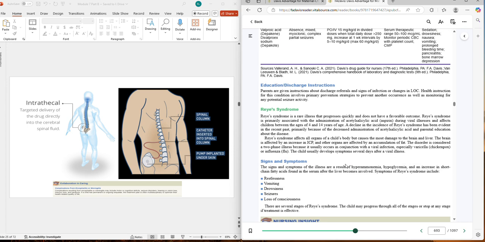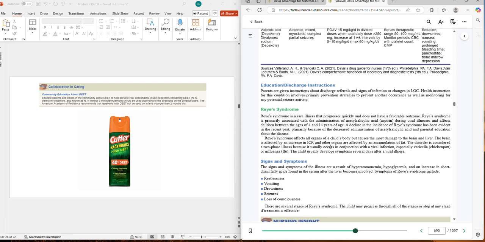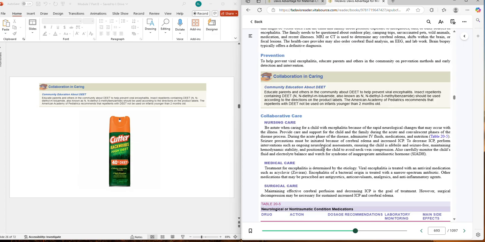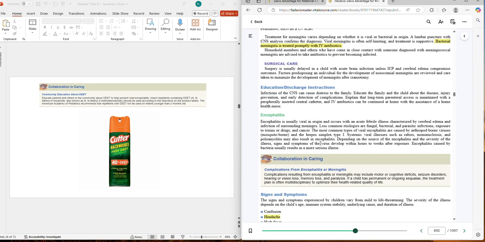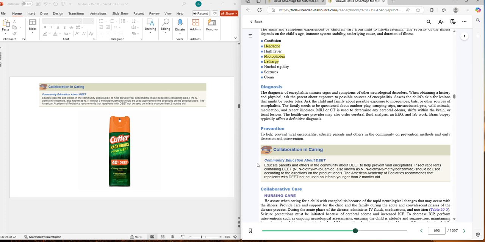Reye syndrome. This is a rare illness, and it's caused from acetylsalicylic acid. Before I talk about Reye's, let's go back. There's a section in your book, sorry guys, that talks about DEET, and it's on page 693, right here.